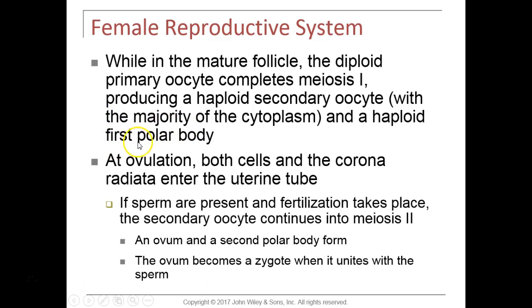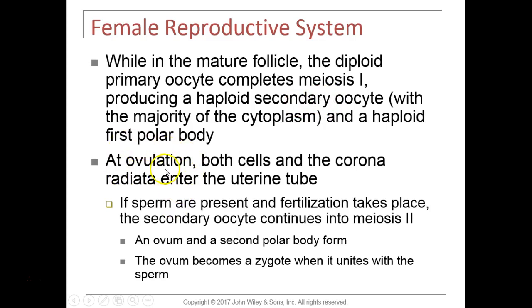And the first one to develop is called the first polar body. So that one primary oocyte divides at the end of meiosis 1 into a secondary oocyte and a small cell called the first polar body. The first polar body is so small that it's not viable. It will be reabsorbed by the body. The secondary oocyte is the cell that will be ovulated.